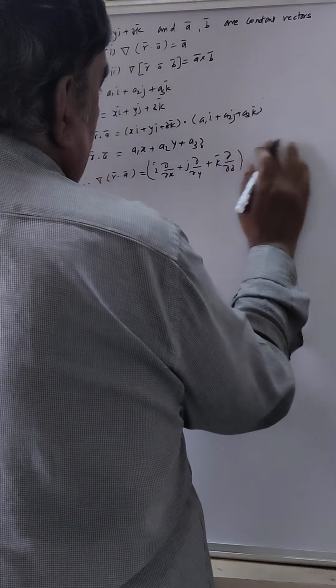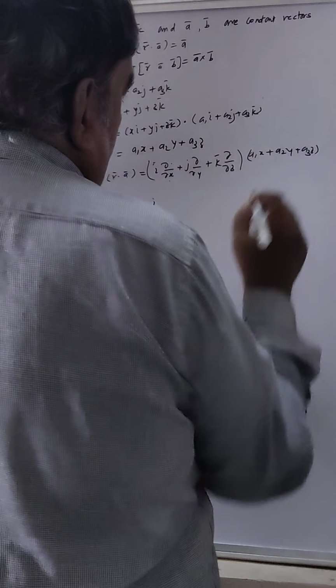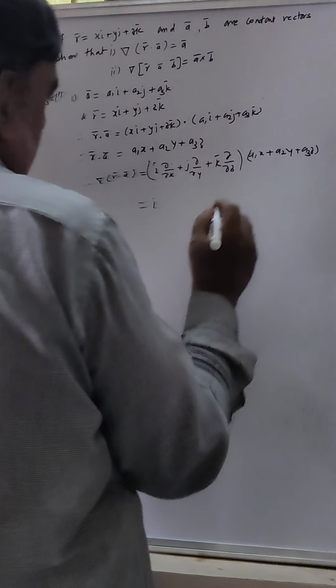With respect to x, a2y and a3z are constant, therefore the derivative of a constant is 0.